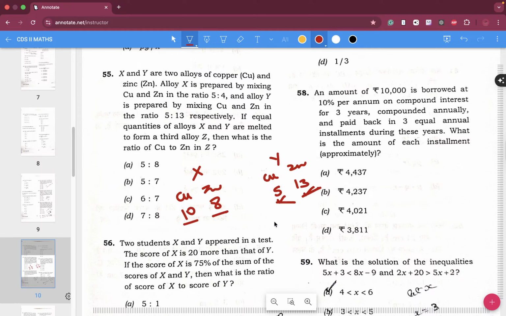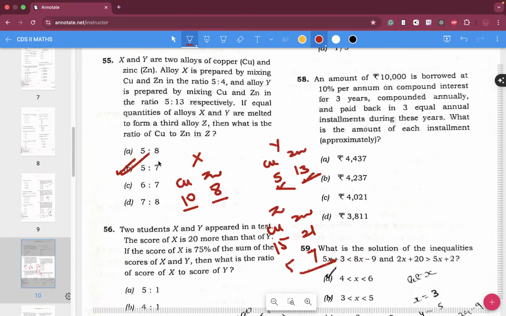Now, if you mix these two to form Z, copper and zinc, there will be 15 parts of copper and 21 parts of zinc. What is the ratio over here? 5:7, folks. Question number 55, we go ahead with B as the answer. Easy, right?